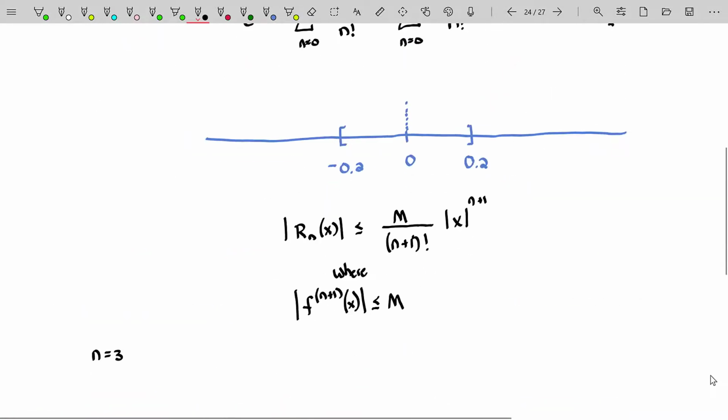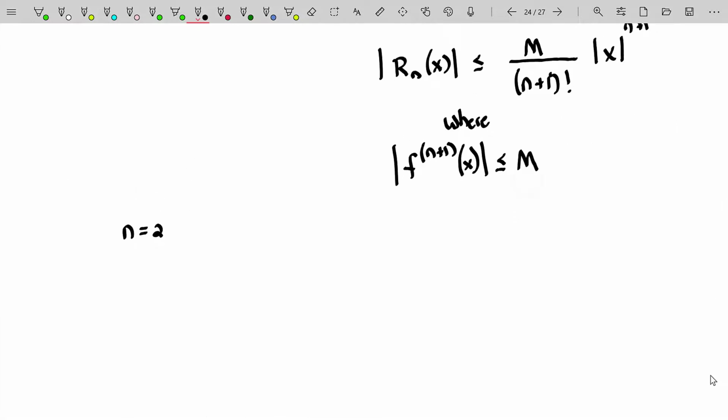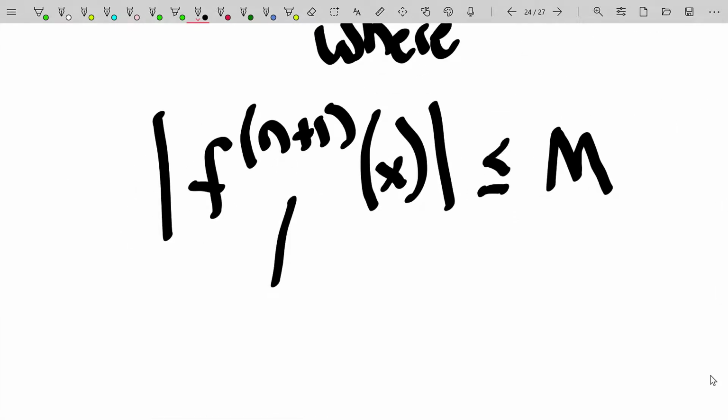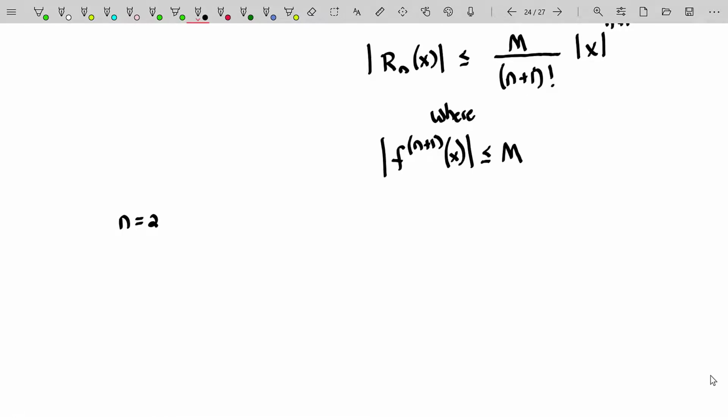So I'm actually not going to let n equal 3. I'm going to let n equal 2. And trust me, that's somewhat of a blessing, because that means that we only have to find the third derivative of our function rather than the fourth derivative. And that is, like I said, a blessing in disguise.